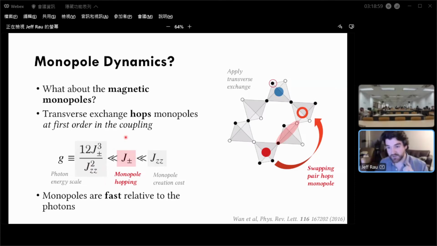So things are a little bit backwards. The rearrangements of the spin ice states, which describe the photon sector, happen much slower than the monopole hopping around, which is backwards relative to normal QED. So it's not just a perfect replica of fundamental QED, at least outside of the photon.